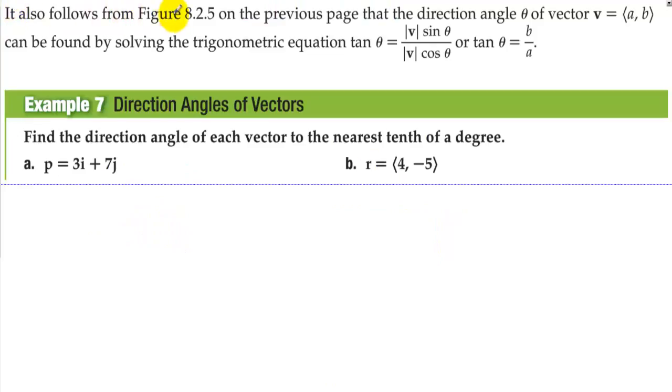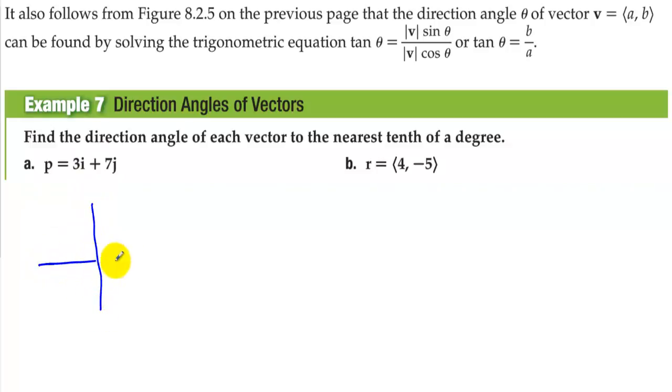It also follows from figure 8.2.5 on the previous page that the direction angle theta of vector v equals ab can be found by solving the trigonometric equation tangent of theta equals v sine over v cosine, or the tangent of theta is equal to b over a. So let's take this point right here, 3, 7. So 1, 2, 3, 1, 2, 3, 4, 5, 6, 7.